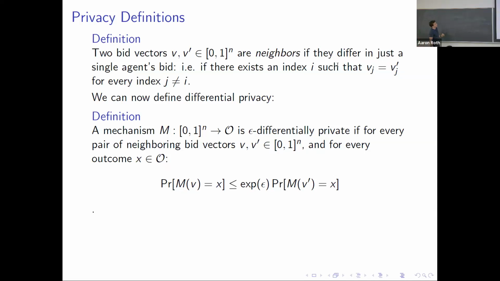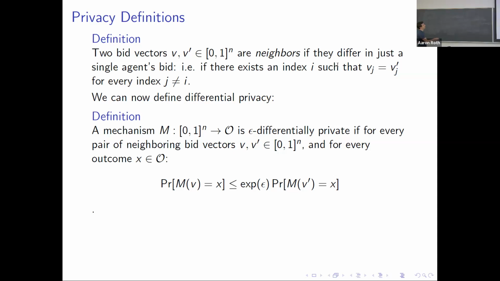Differential privacy says the probability of observing any outcome, in this case the probability of realizing any fixed price, should be almost the same whether or not any single person chooses to change their data, chooses to misreport their bid.